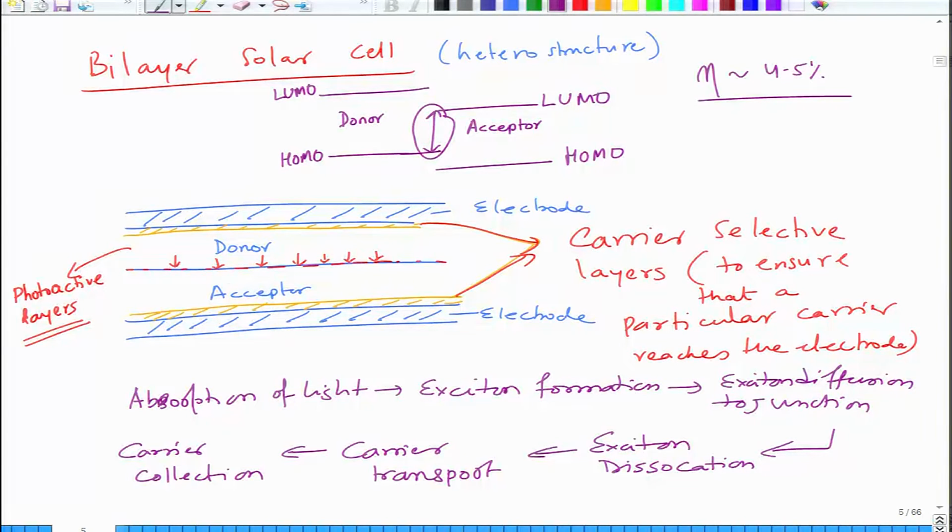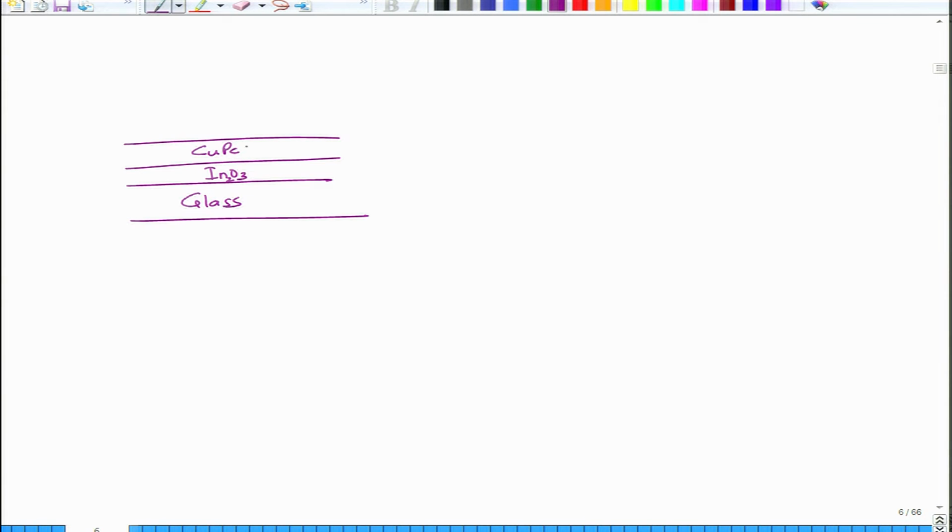For example, one of the first junctions that were made was on a glass substrate: we have indium oxide electrode, and then we have CuPC polymer, and then we have PV as another polymer or organic material, and then we have silver as an electrode.